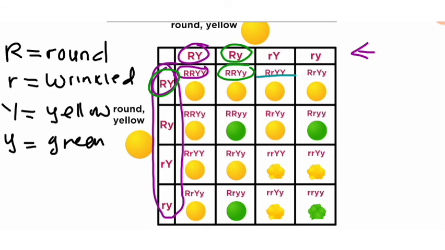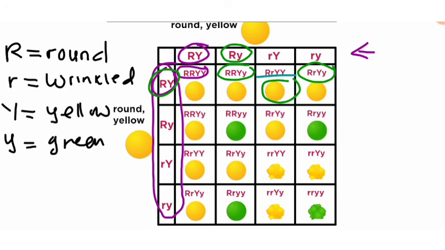So for this one, it's going to be round and yellow. For the other one, I've got capital R and small letter r. Capital R is for round, so round is dominant, and wrinkled is recessive. It's not going to show in the phenotype. And then we've got capital letter Y, which is yellow.